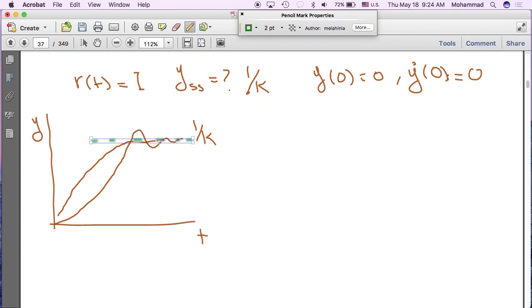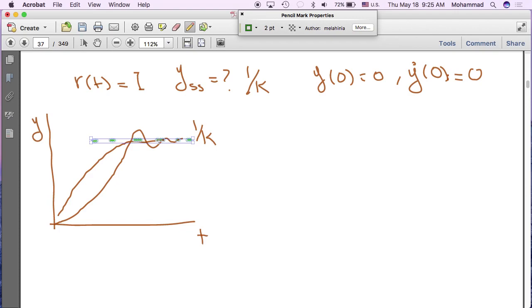Is it possible that this system does not overshoot? Yes. If it is overdamped, or there is another one, critically damped, right? So it could also show that behavior. And we'll talk more about this.